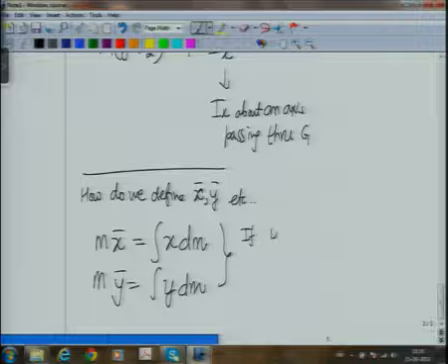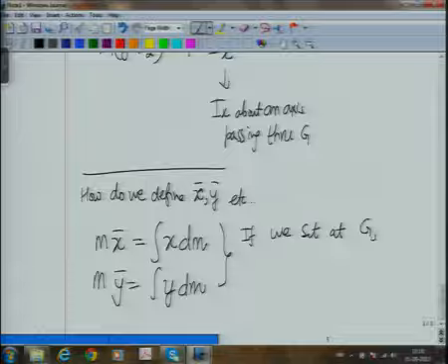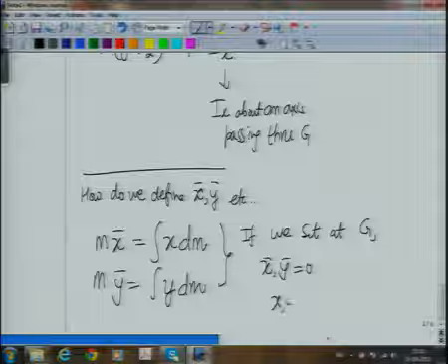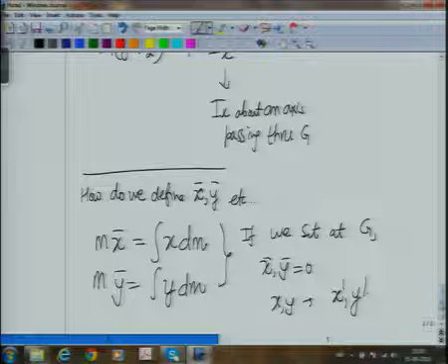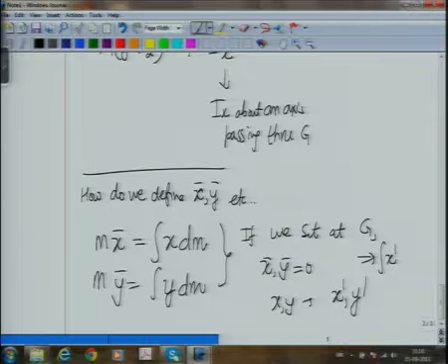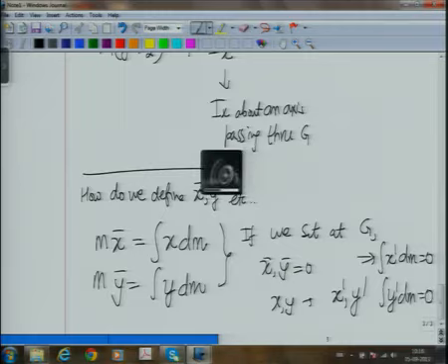If we sit at G, x bar, y bar are 0 and x, y are nothing but, in our notation, x prime, y prime. So this implies integral x prime dm is 0 and integral y prime dm is 0, etc. Does everybody see this argument?